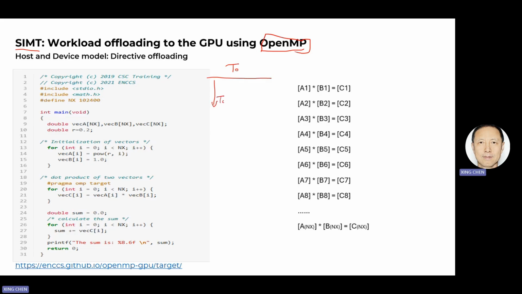You still have thread 0, and the system is going to create threads as you wish. You tell the system how many threads you are going to need. You are going to have another thread, T2, you are going to have lots of threads, Tn. And these threads are going to work on the same workload.